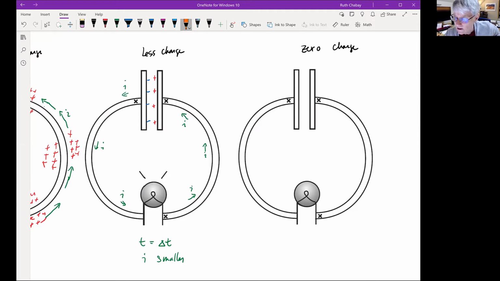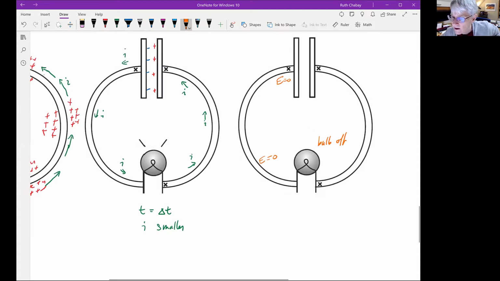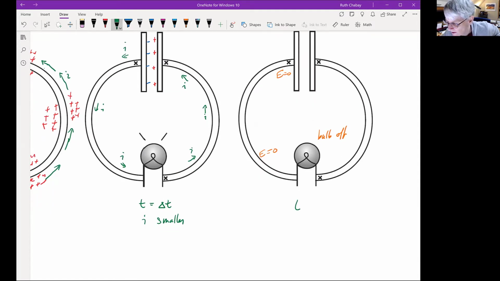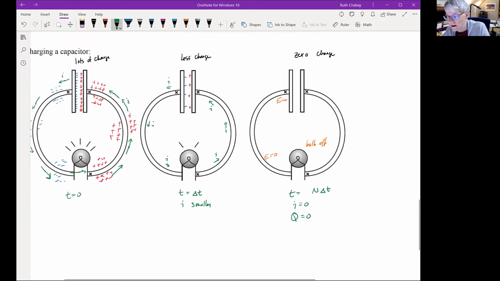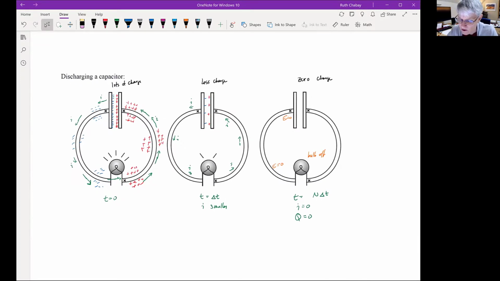And that must mean that the electric field everywhere inside these wires is 0 and the bulb is off. So t equals some large time, and I equals 0, and Q equals 0. So again, we saw the transient.